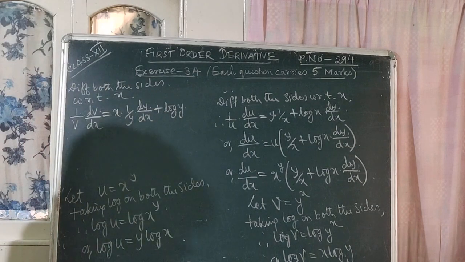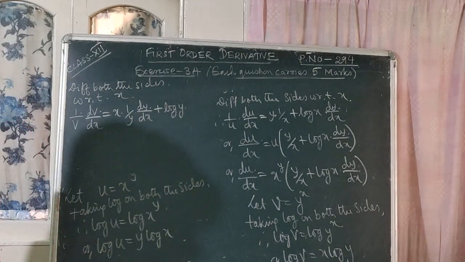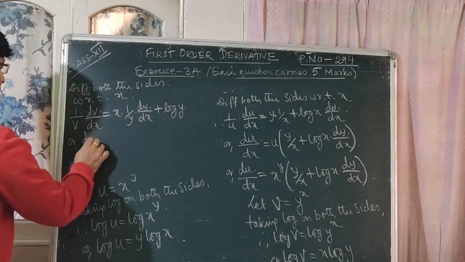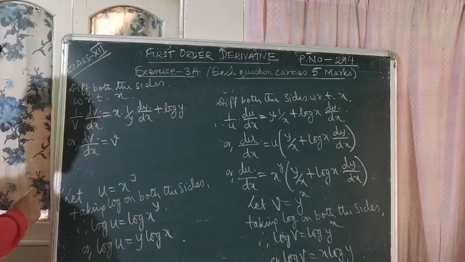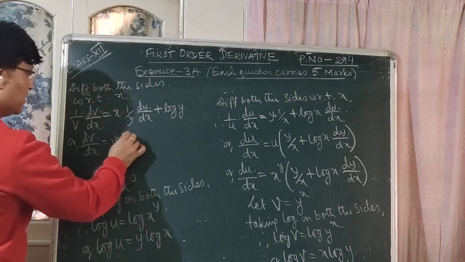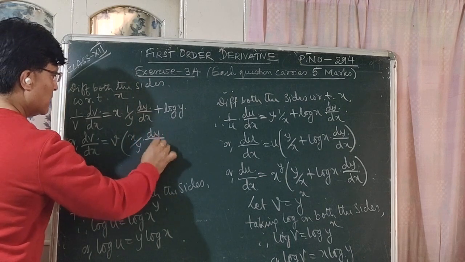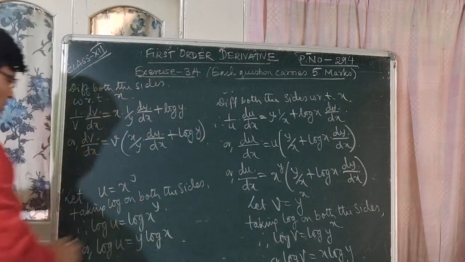That is 1. So log y into 1 is always log y. So no need of writing 1 here. Okay. So now, what is dv by dx? So dv by dx is equal to v, cross multiply by v here, within bracket x by y into dy by dx plus, this is log y, right?